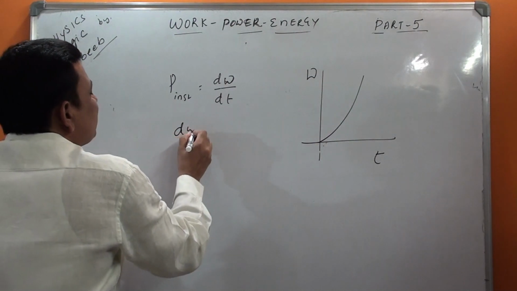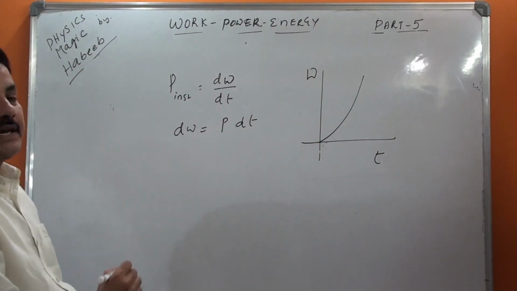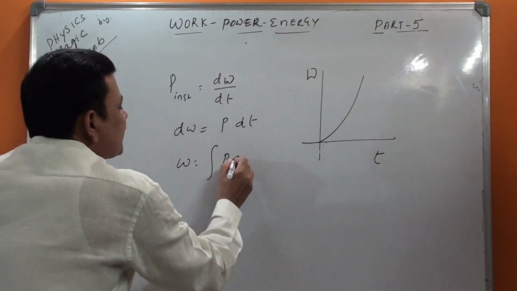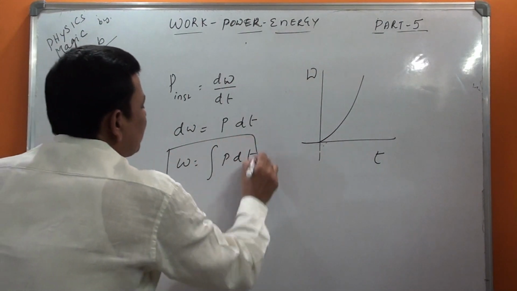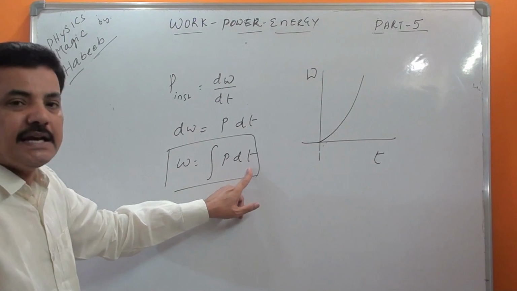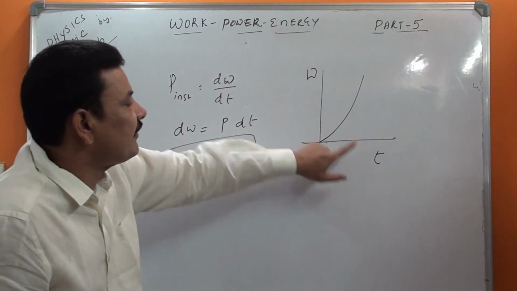Now dW is equal to P into dt. You can write like this, taking dt to that side. Therefore work done is equal to integral P dt. Now one more important point you got here. This is the WT graph.